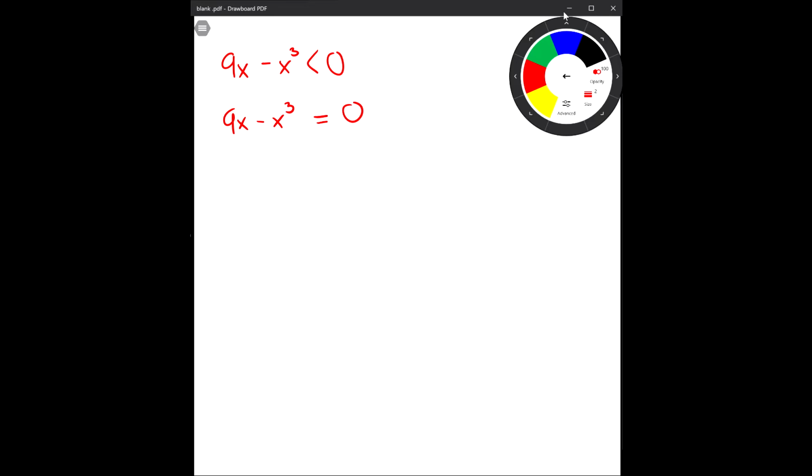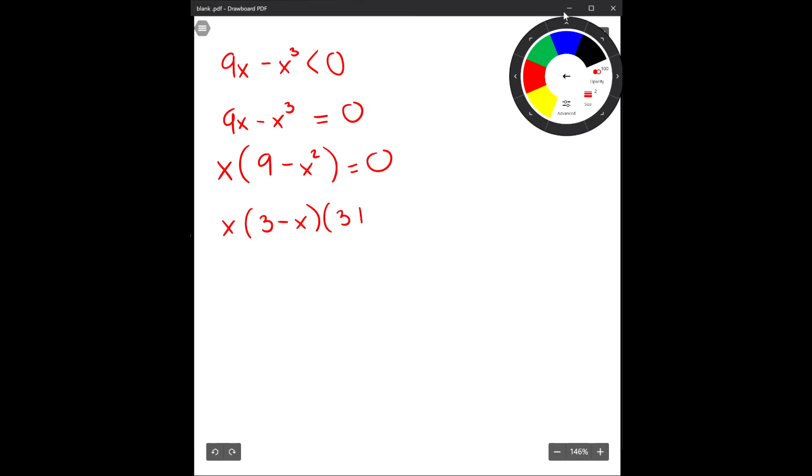We use the factoring method. They both have x in common, so we factor out x, and inside we have 9 minus x squared. We can factor one more time using difference of squares. So we have x times (3 minus x) times (3 plus x) equal to 0.